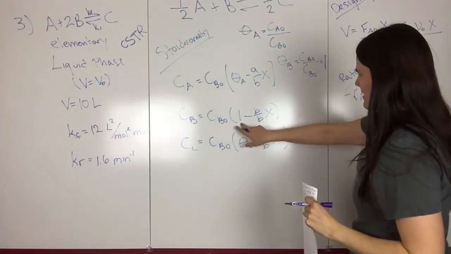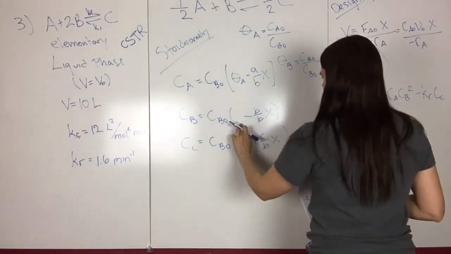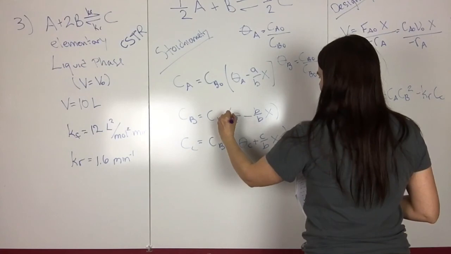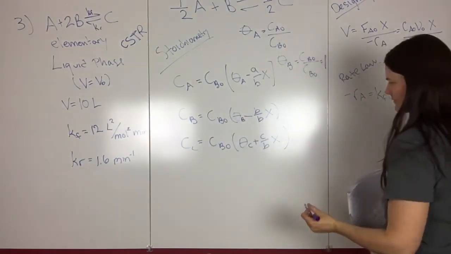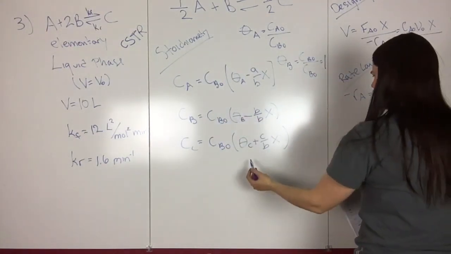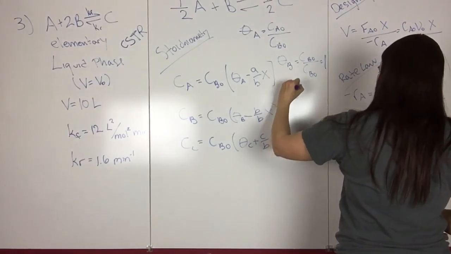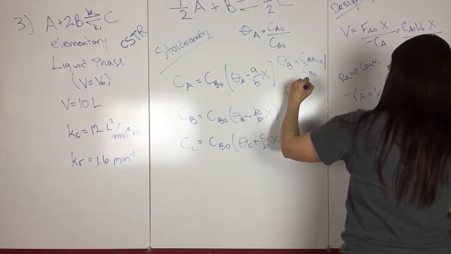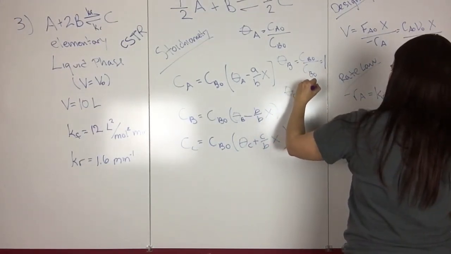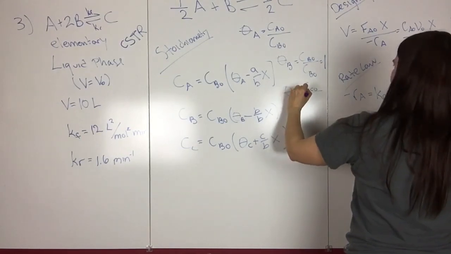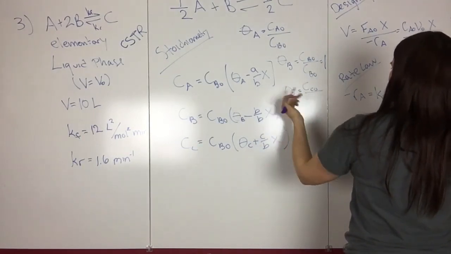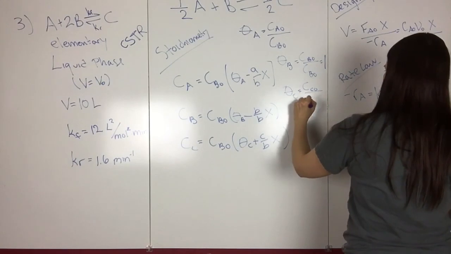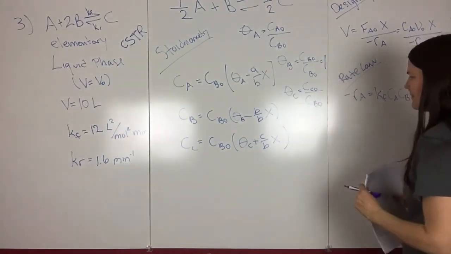So that's why this is 1, because technically that would be theta B, but we know these are both 1. And then theta C is equal to CC naught over CB naught.